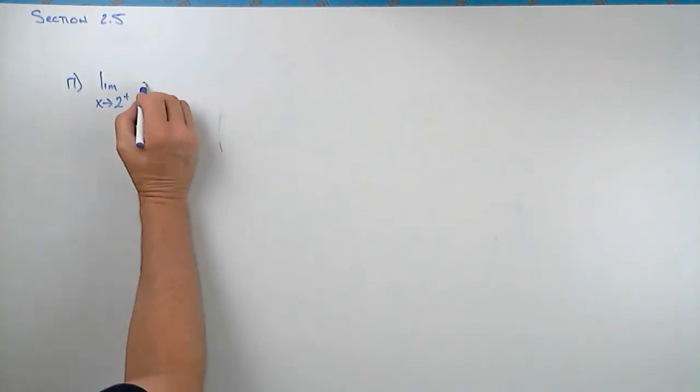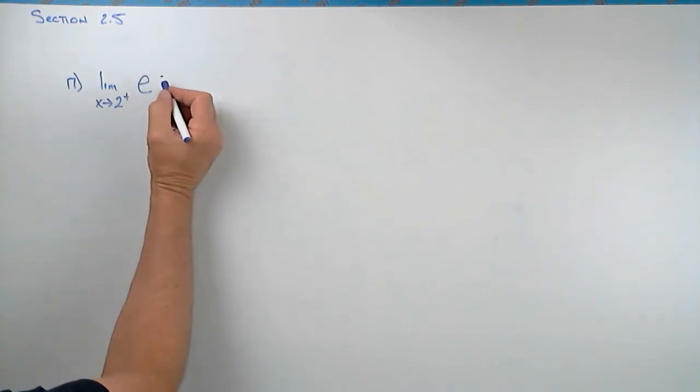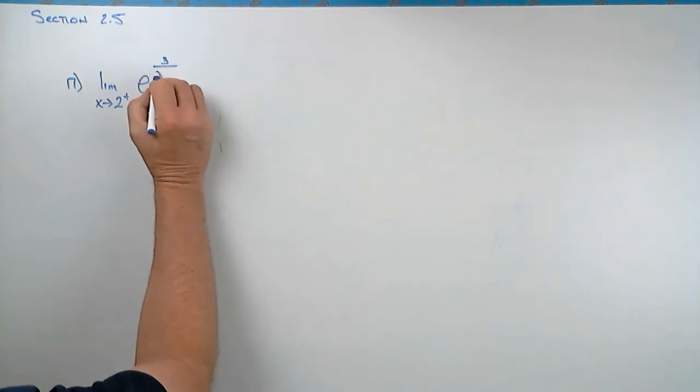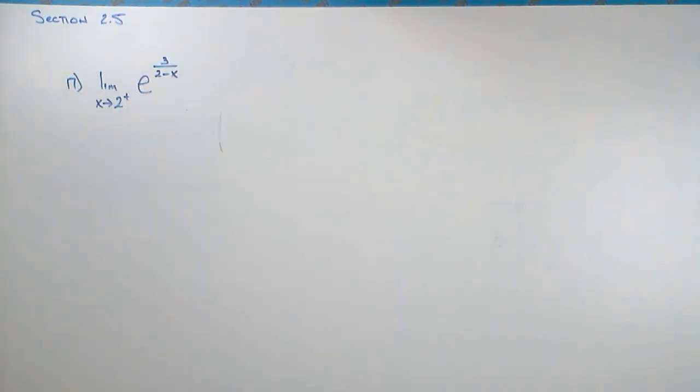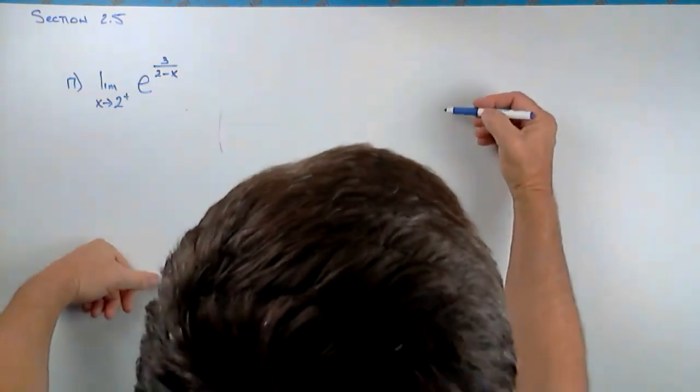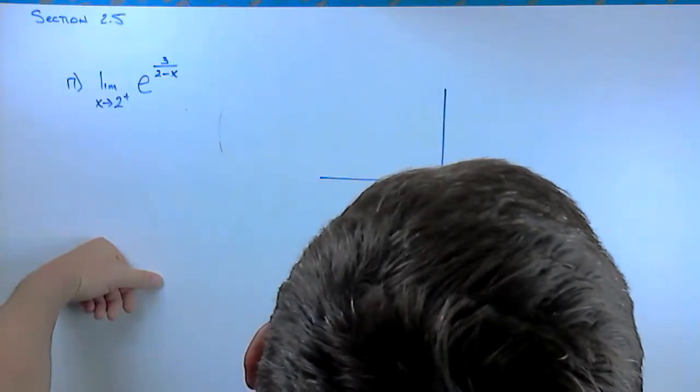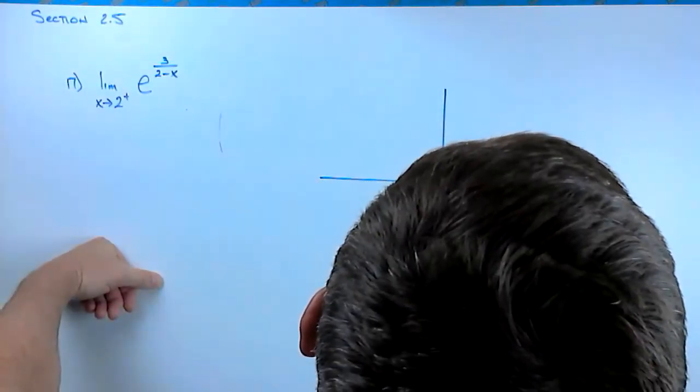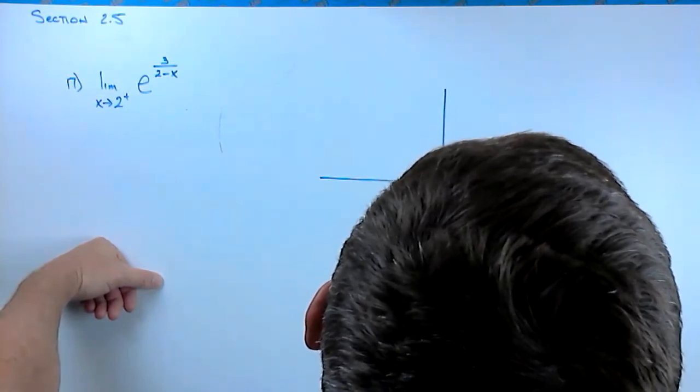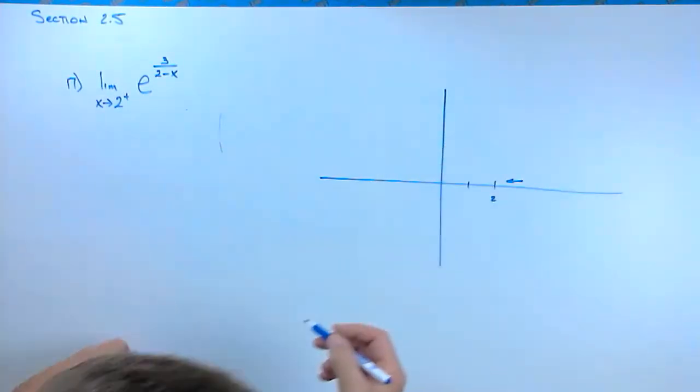And then they give us a convoluted function. They give us e to the 3 over 2 minus x. So what happens when we plug in 2 from the right? So here we are on the graph. We're at 1, 2. We're coming to 2 from this way.